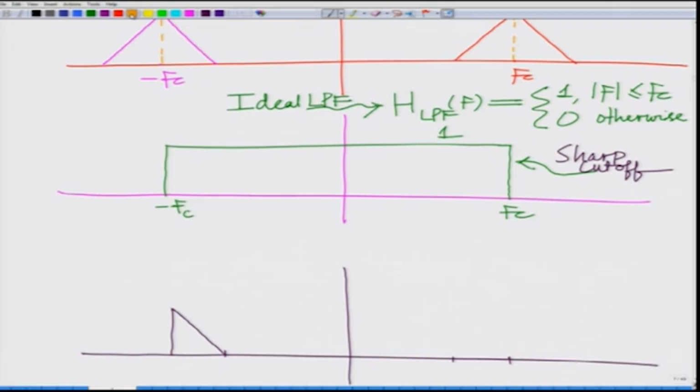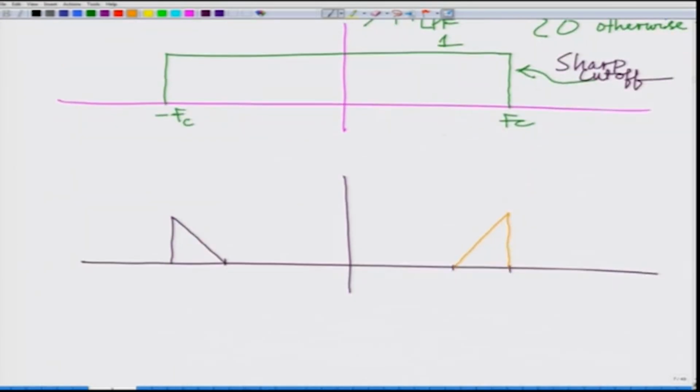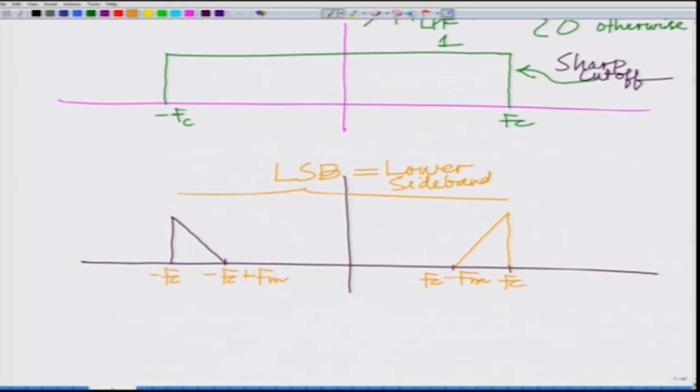This gives me the lower side band, and if I have to draw this, this is my Fc, this is my minus Fc, minus Fc plus Fm, Fc minus Fm, and this you can see is the LSB signal, the lower sideband signal, correct.